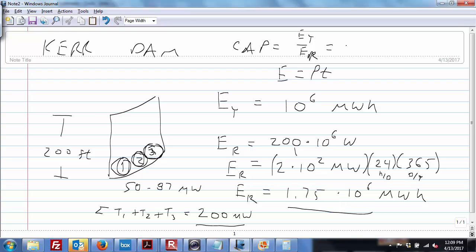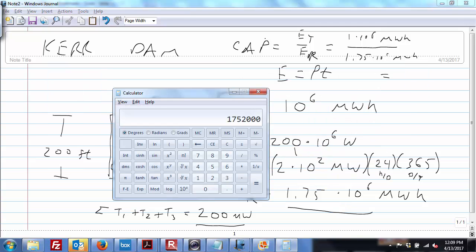Capacity equals EY over ER equals 1 times 10 to the 6th megawatt hours over 1.75 times 10 to the 6th megawatt hours equals, let's go back here, so 1 divided by 1.75 equals 57%.